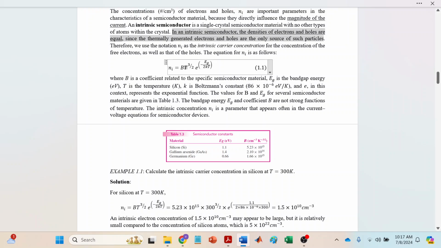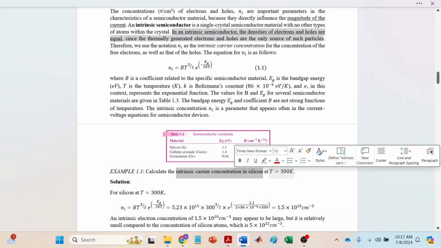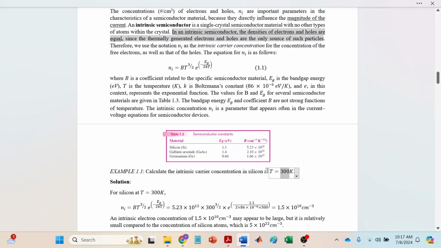We want to calculate the intrinsic carrier concentration for silicon at this temperature. So we just apply the formula. We'll get the value of B from this table, then the temperature we're given, and the band gap energy we are given in this table, and the Boltzmann's constant, it's specific, then the temperature we are also given.